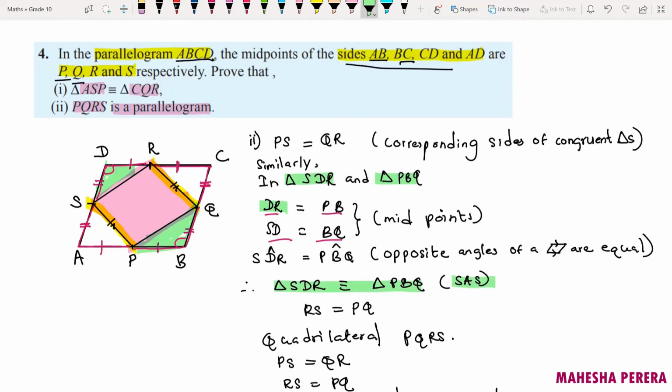Because of the congruence, we can say that this side RS equals side PQ, because again corresponding sides of congruent triangles.